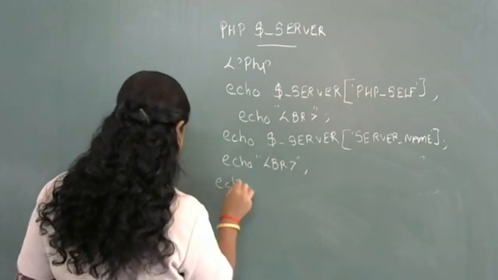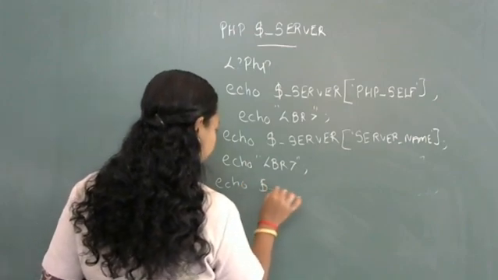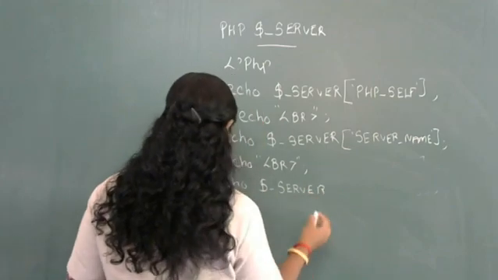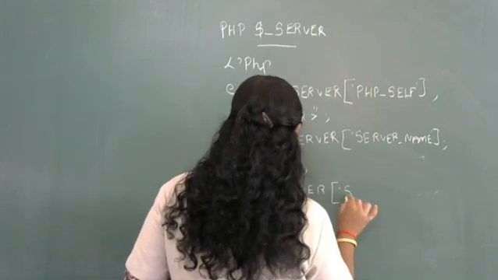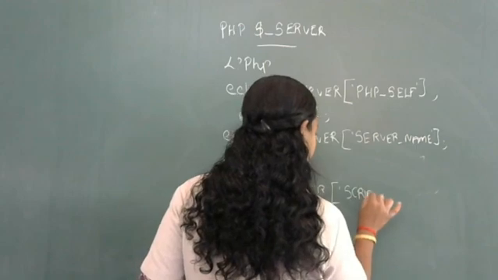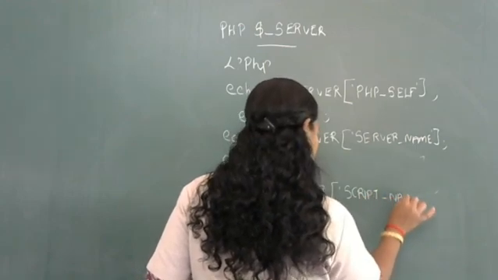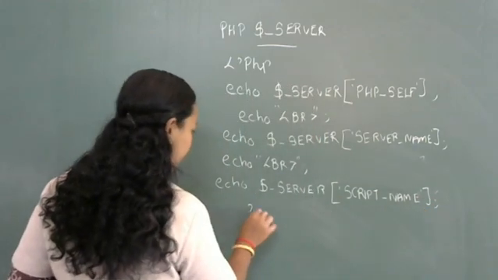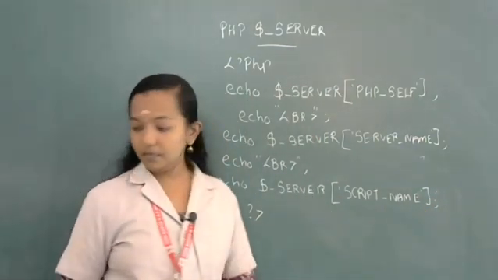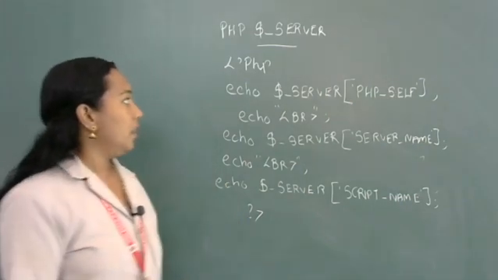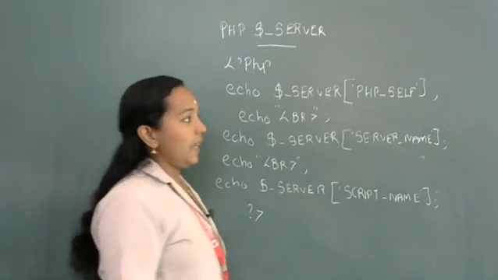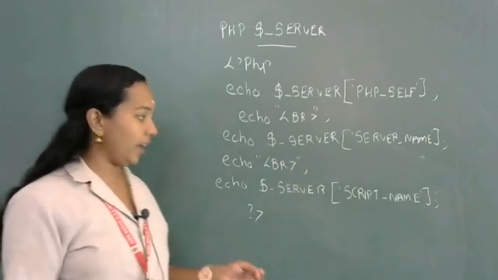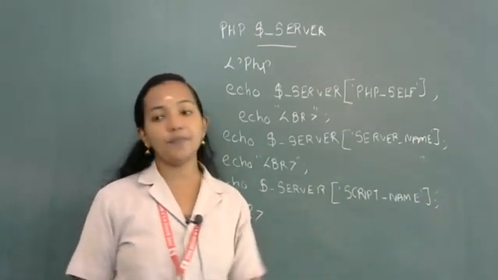Then echo $_SERVER script name. So PHP_SELF, echo br, $_SERVER server name, then $_SERVER script name.